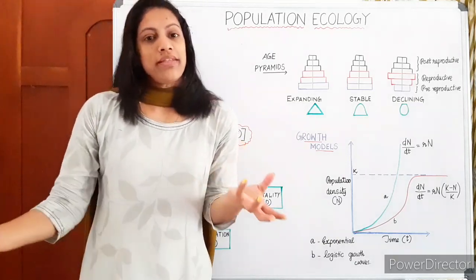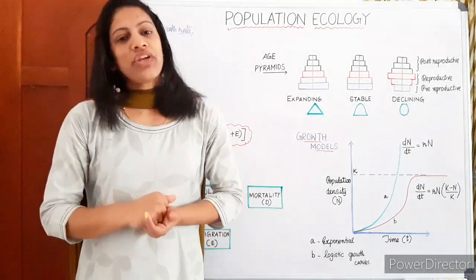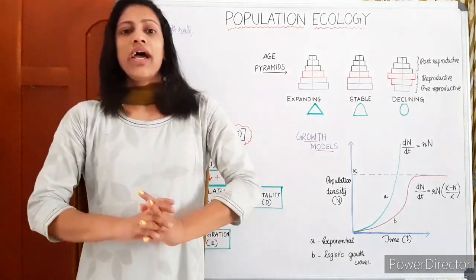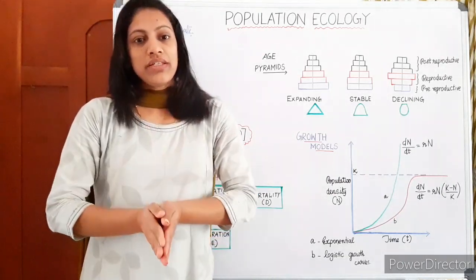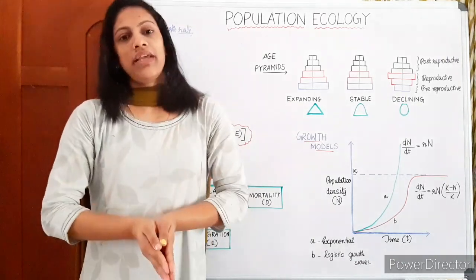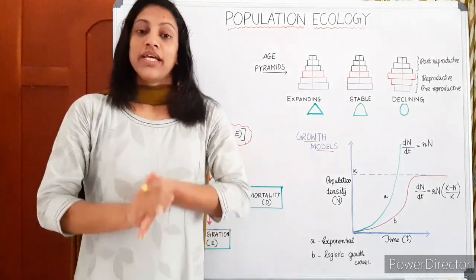The death rate will be 10 by 100. This is a way to calculate birth rate and death rate in a population. Consider this: for a population there will be birth rate and death rate, whereas for an individual, it is birth and death.